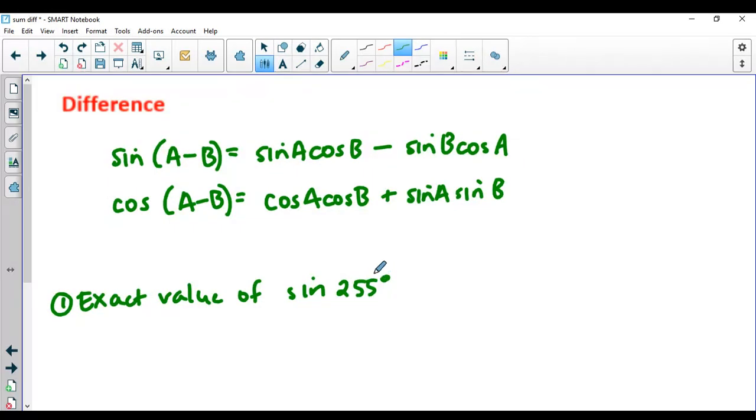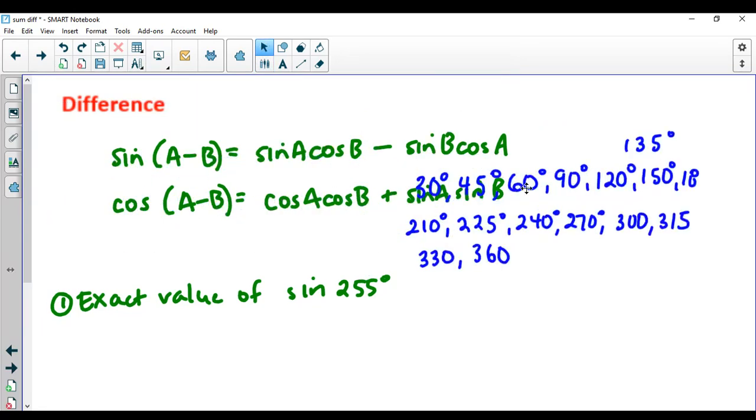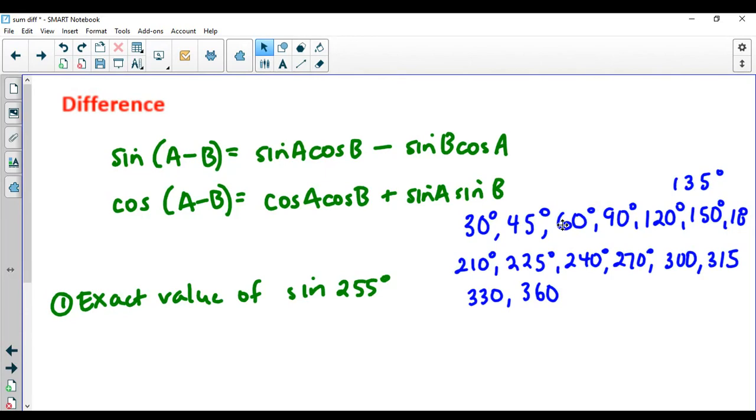255. Okay, so 255 as a difference. Let me go back and look at our angles here. Sometimes what I do, you can start at 360.